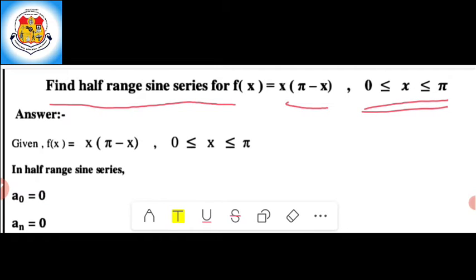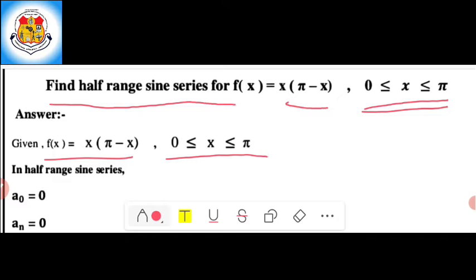To find the solution, first we write the given function f(x) = x(π − x), defined in the interval 0 to π.